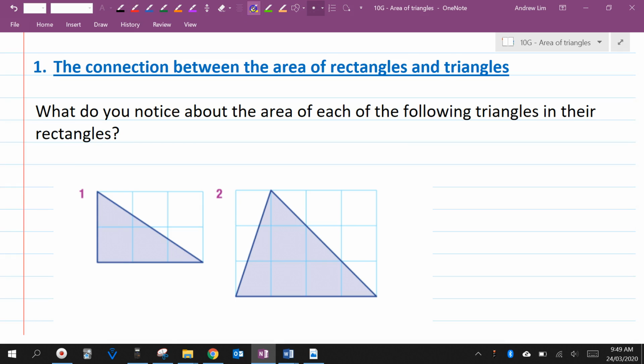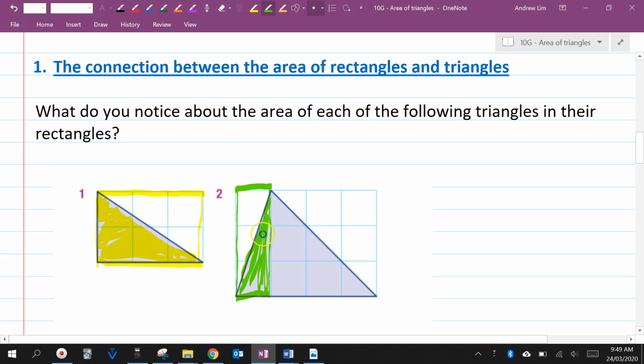Well, if we have a look at the first one, here's our big rectangle. The triangle only takes up half of it. Okay. For the second one, we have a look at this small rectangle. We can see that this part of the triangle only takes up half of the rectangle.